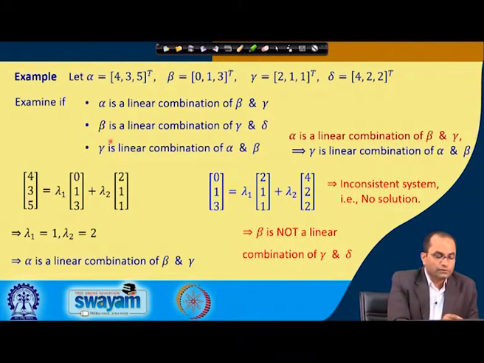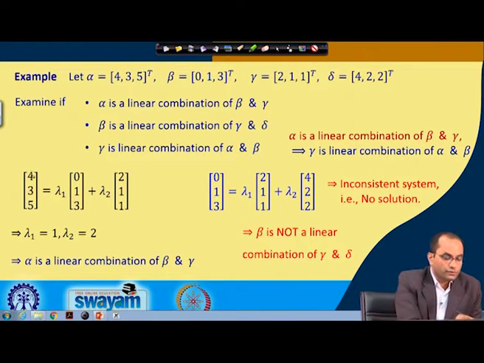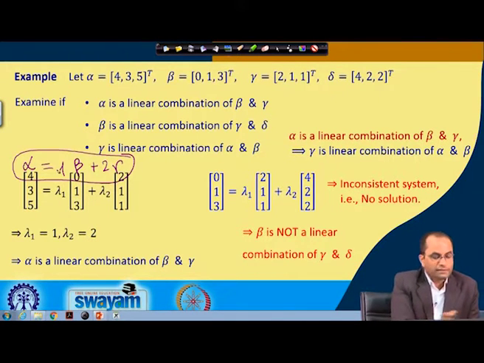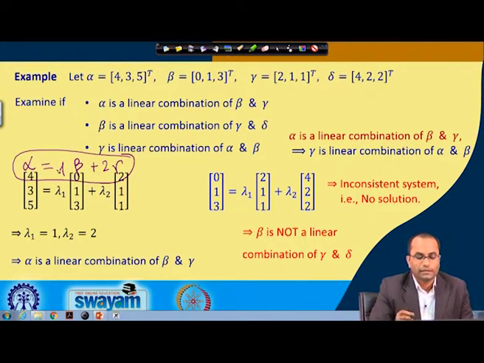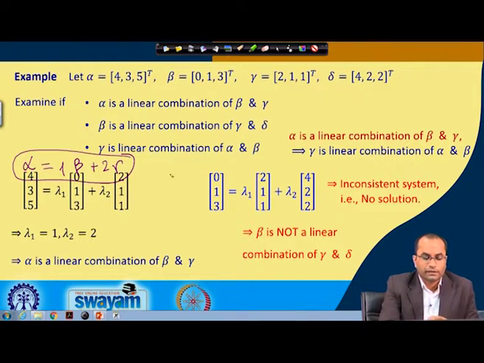Now, coming to the third one, gamma is a linear combination of alpha and beta. We have just seen in case 1 that alpha is a linear combination of beta and gamma, and this was the relation alpha is equal to beta plus 2 gamma. Now we are asking whether gamma is a linear combination of alpha and beta.